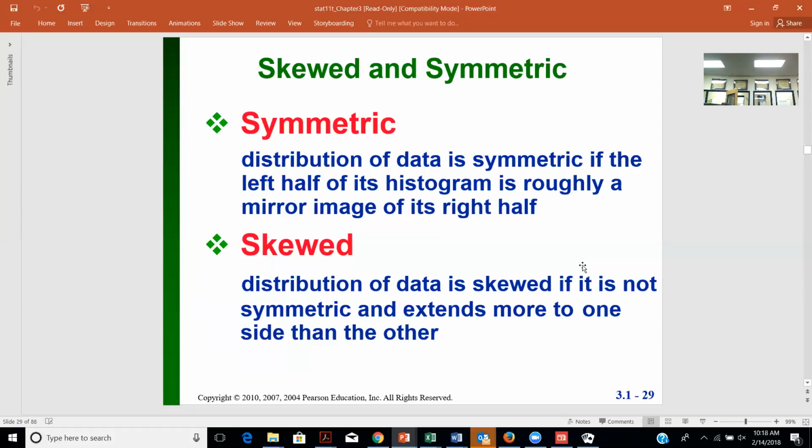Quite frankly, small data sets are often skewed. If I look at, for instance, exam grades for a class of maybe 10 students, we're not going to have a smooth distribution. You might have one student who gets 100% on an exam. You might have another student who gets 50%.